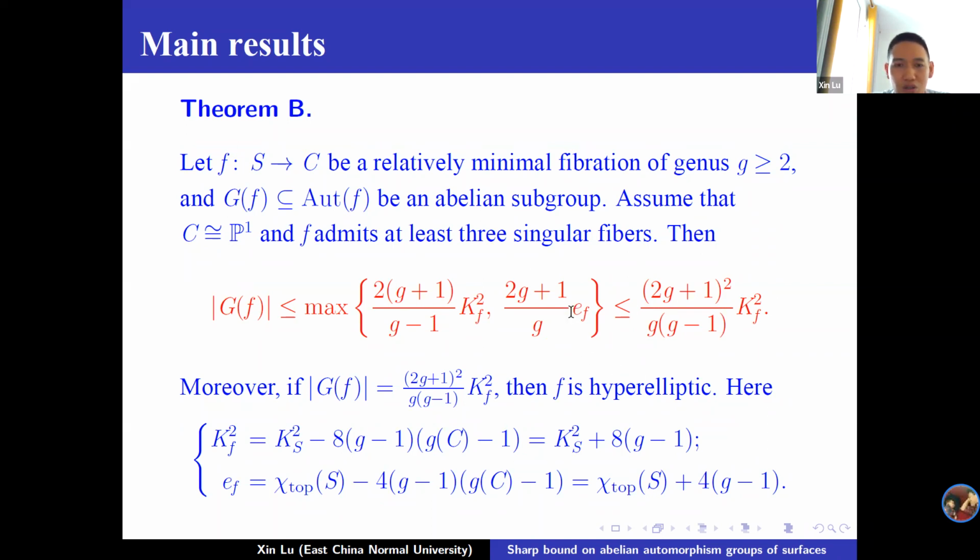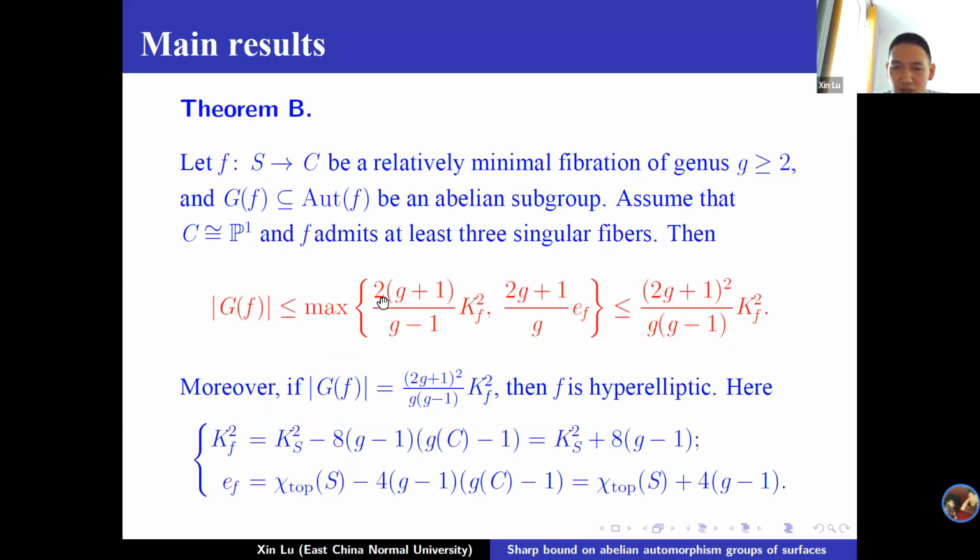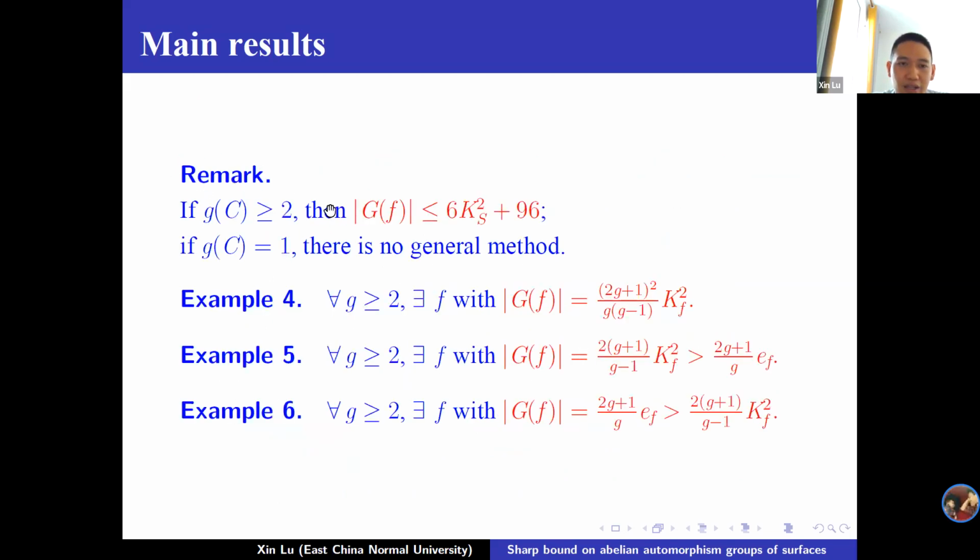We would also like to mention that this bound for the fiber surface case is also sharp. That is, we can construct an example to show that this bound is sharp. Here we also like to remark that in the fiber surface case, if the genus of the base C is at least 2, then it is easy to get an upper bound for this abelian subgroup.